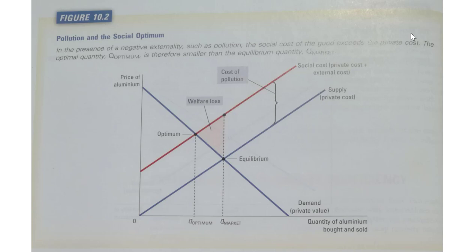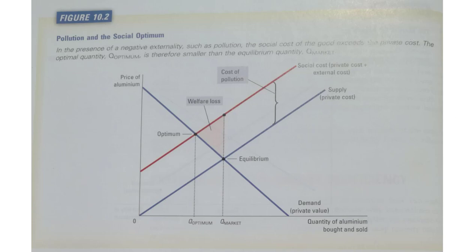So what you see here is that the optimum quantity should be less than the equilibrium, right? What the market produces at the meeting of demand and supply. So there is a welfare loss that we all feel, and that's the cost of the pollution.